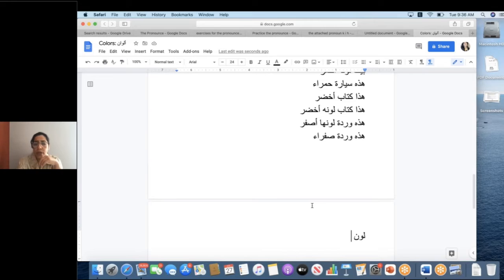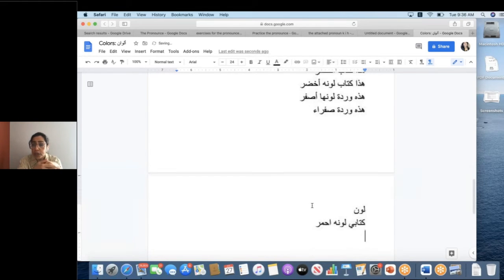Okay, so if I have book, I will say كتابي لونه أحمر. My book, its color is red. Okay, I can say too كتابي أحمر. My book is red. Here you are safe. Why? Because I used a masculine noun.